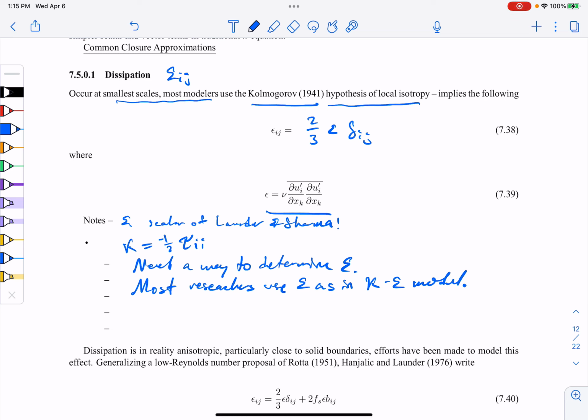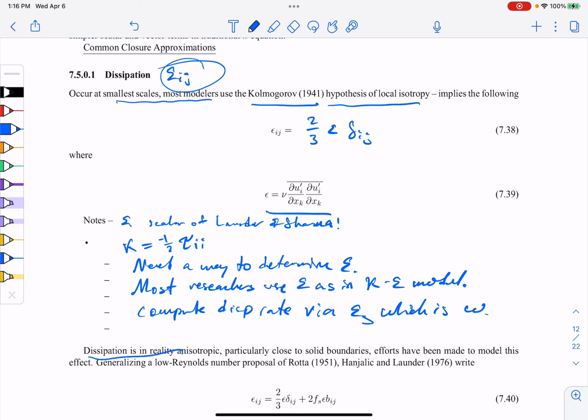For example, Wilcox and Rubison in 1980 or Wilcox in 1988 are computing epsilon by using an equation for the specific dissipation rate, which is omega in our notation.